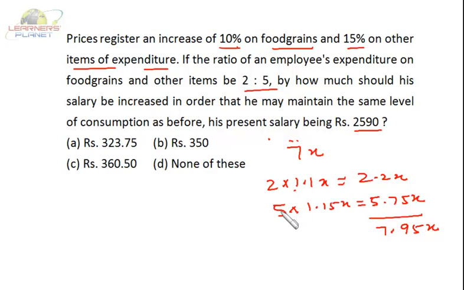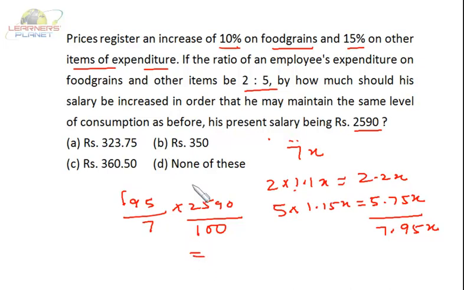Okay, so what is the increment? That is 0.95 over 7. So if 0.95 is increased over 7, then what will be the increment on 2590? That we have to find out. You can make this calculation, and since some of the options are in fractions, you need to calculate it accurately.